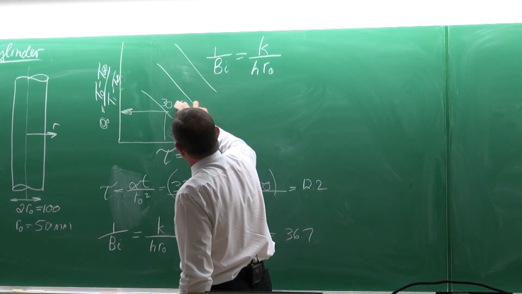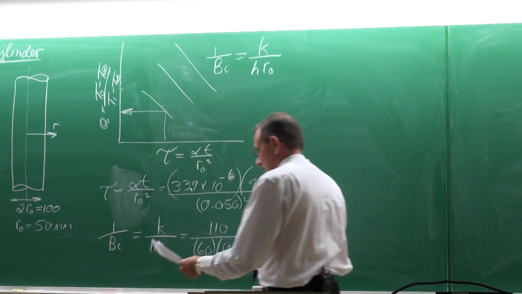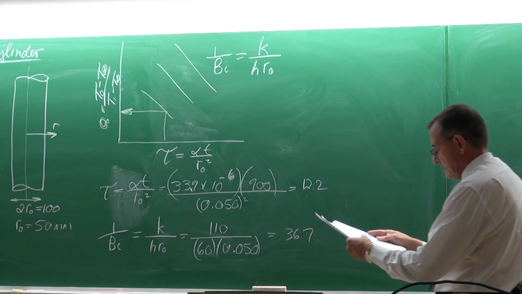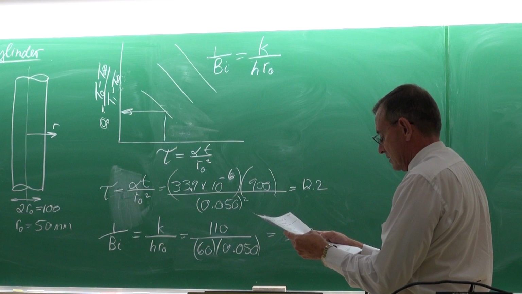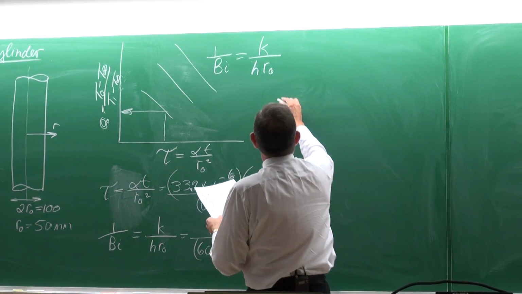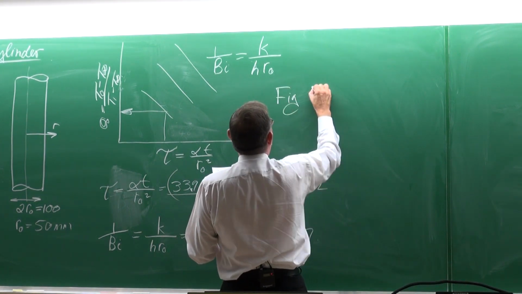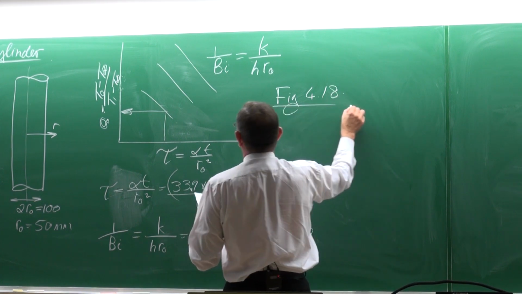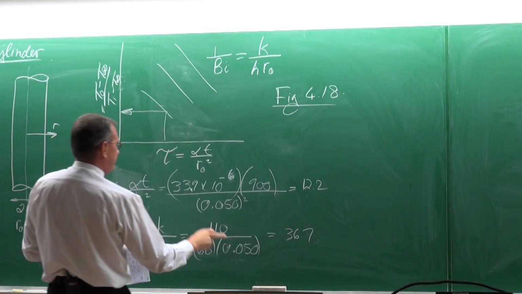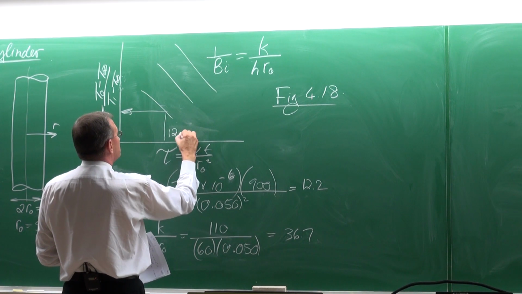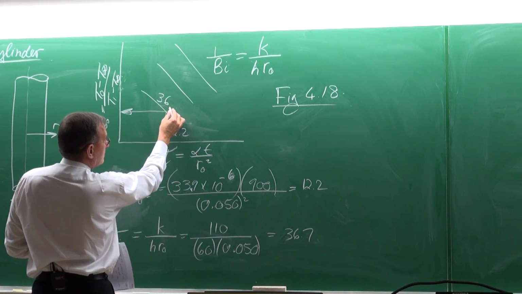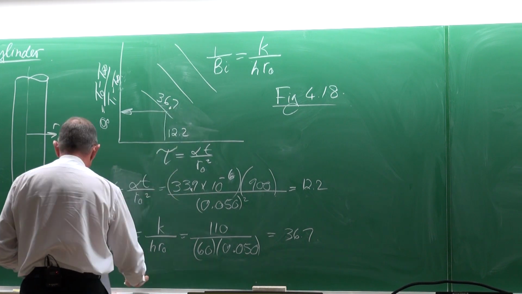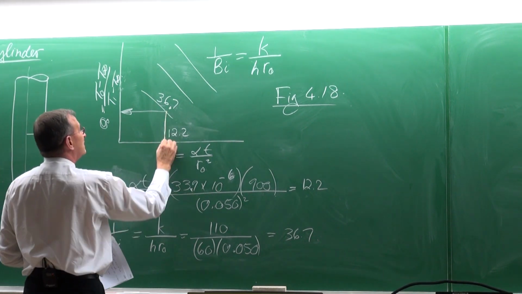Right, so coming back to the Heisler chart for a cylinder, that would be, I think, figure 4.18. 4.18. Then we have to look at the non-dimensionalized time of 12.2. That should be 36.7, like that.